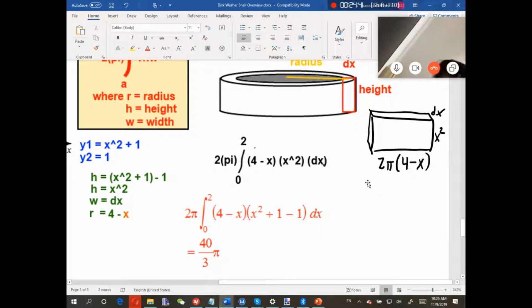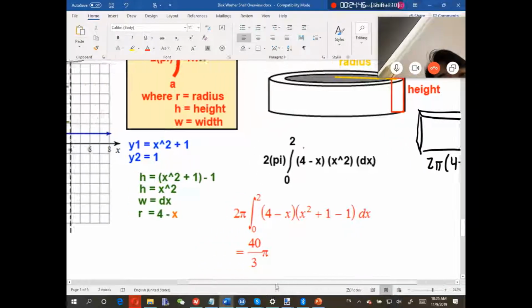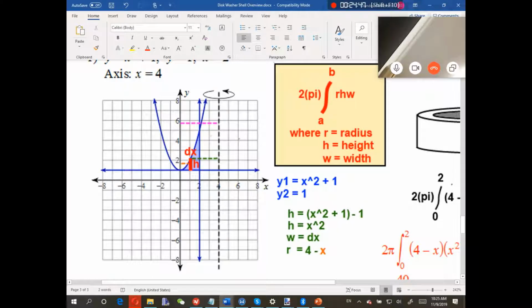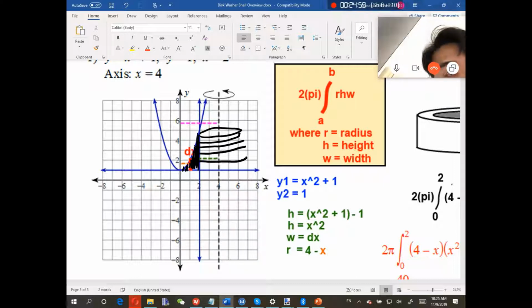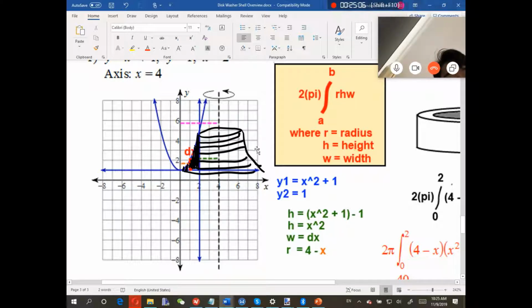And if we kept stacking all the possible cylinders, so every possible line from 0 to 2, and use those to create cylinders, then we would end up with a shape that looks like this. As you spun around, so kind of like a volcano, almost. A cylinder with a hole in it.